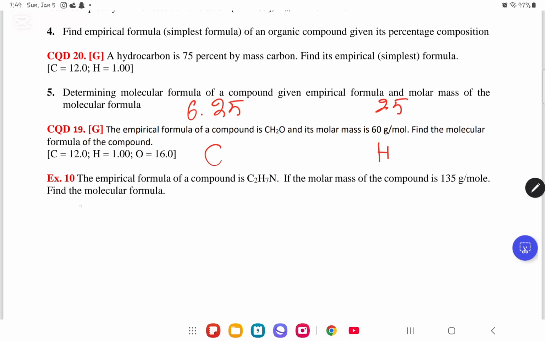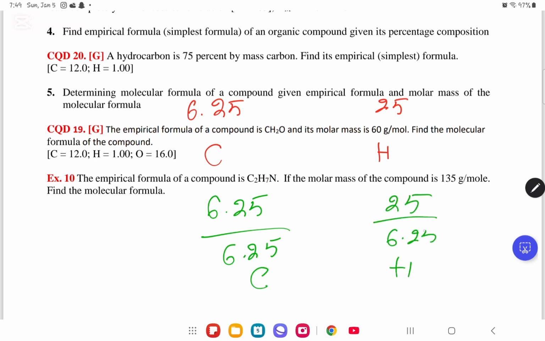Now this step is the most important step. We are gonna divide them all by the smallest number so that our carbon is 1. Okay, so that means 6.25 is the smallest number, so we are gonna divide it by itself, divided by 6.25 for carbon. And for hydrogen, we have 25 divided by 6.25.